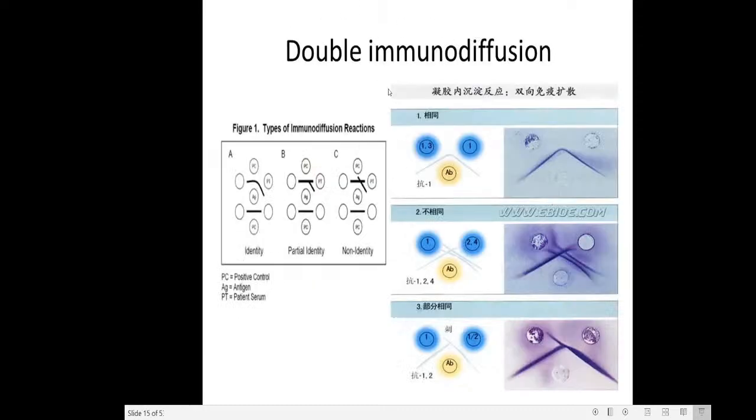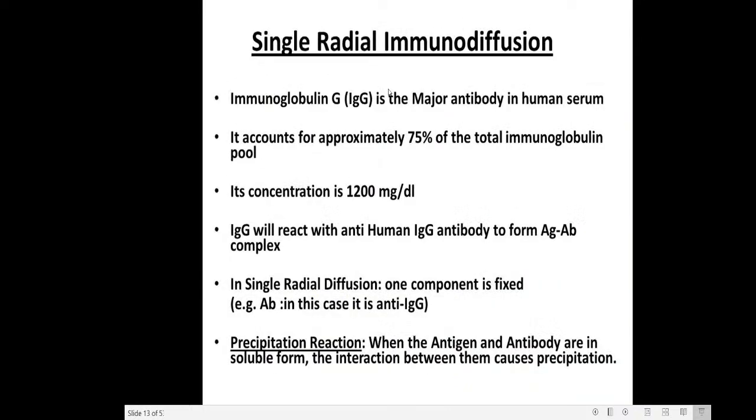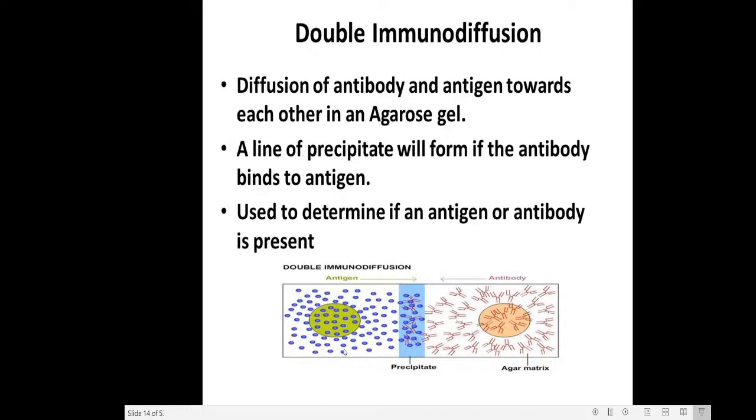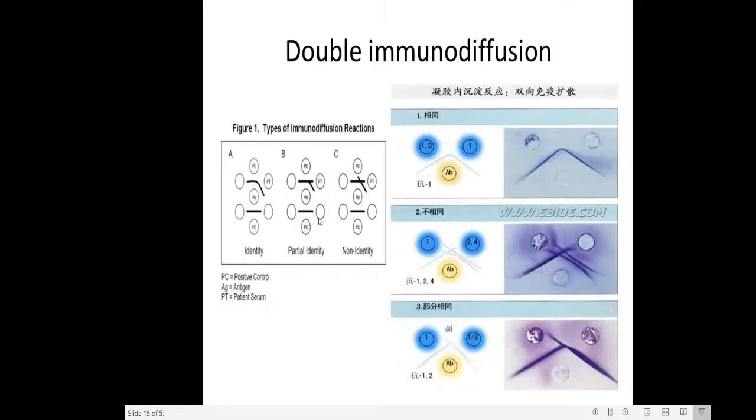In the single diffusion, it just makes a clear zone or precipitation. With double diffusion, they make an interaction, and this interaction makes different precipitates. Here you can see the sample. I've included these only as live examples.